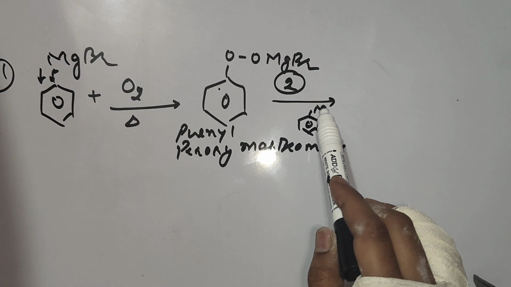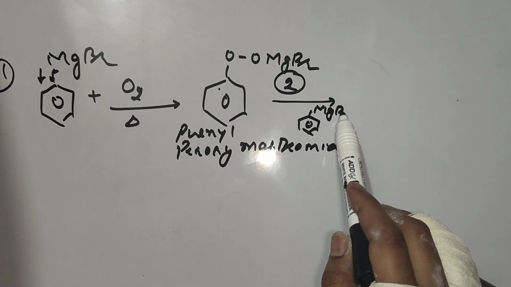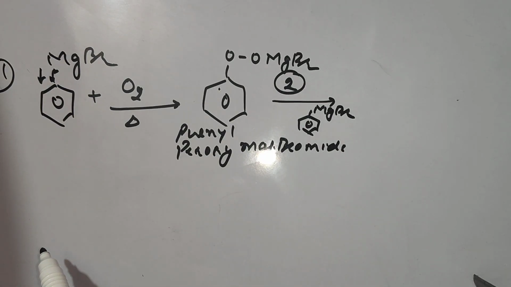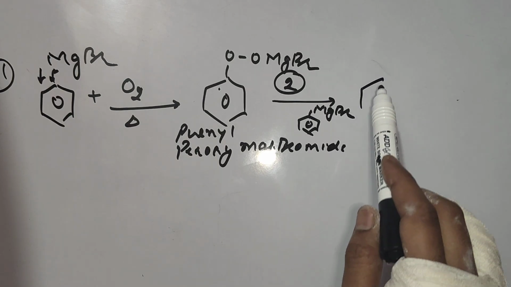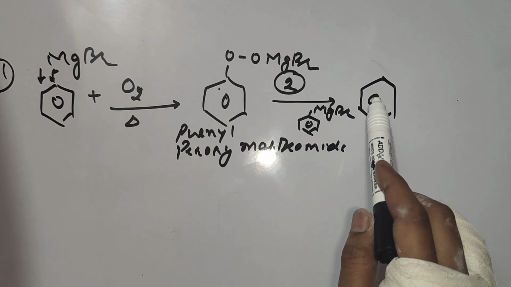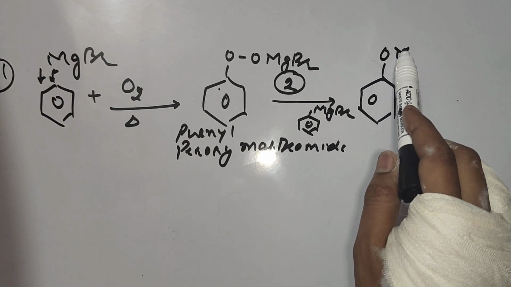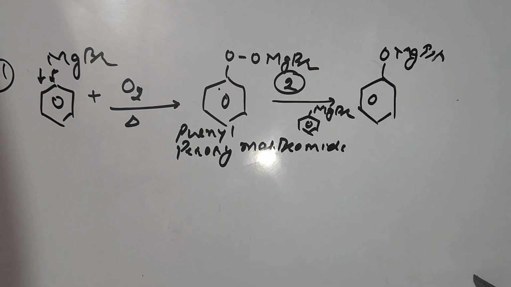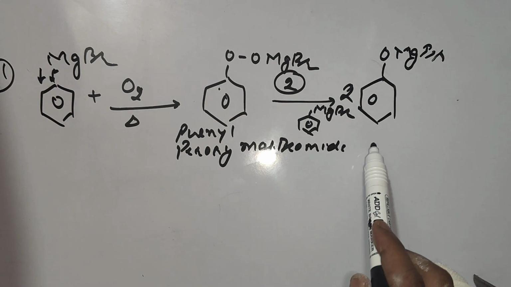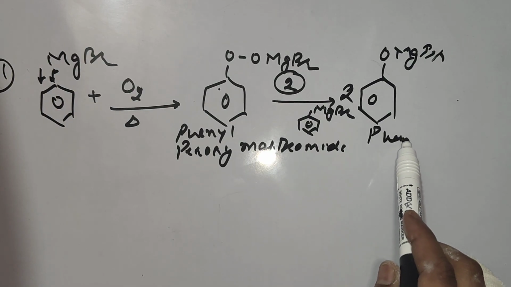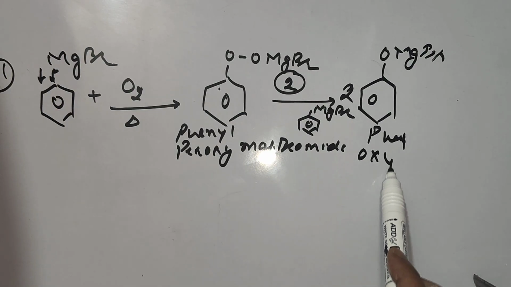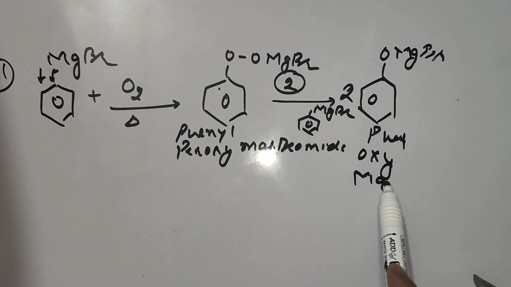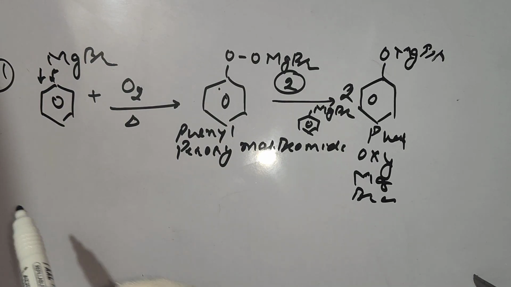It will react again with the second molecule of phenyl magnesium bromide, due to which it will create this compound, phenyl oxy magnesium bromide. Two particles will generate phenyl oxy magnesium bromide.